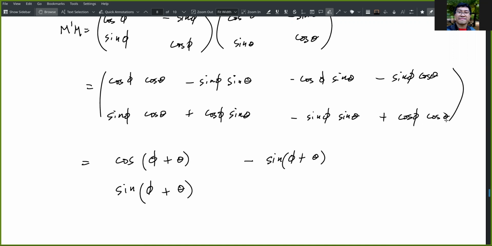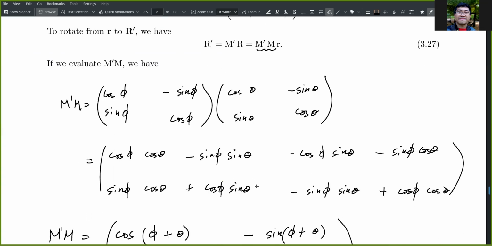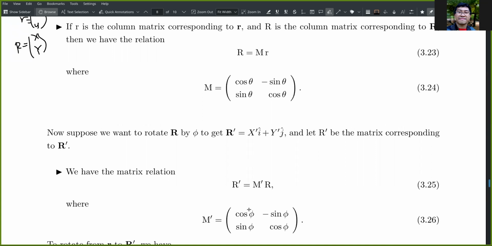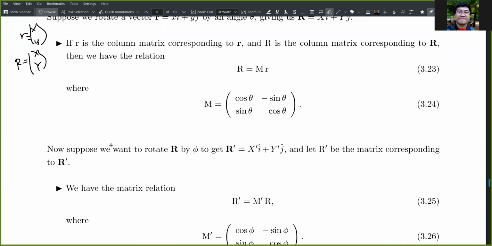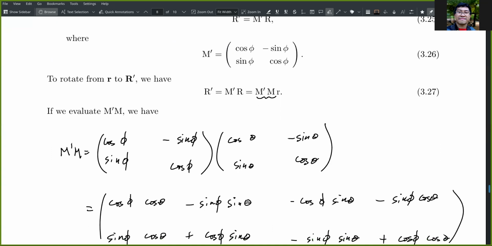Here, cosine of phi plus theta. And what we observe is that this rotation matrix M prime M is just the rotation matrix that we used, except that the angle is phi plus theta. Here the angle is theta, here it's phi. If we go directly from small r to capital R prime, we just use an angle theta plus phi.